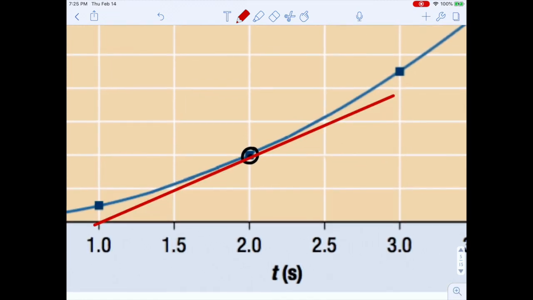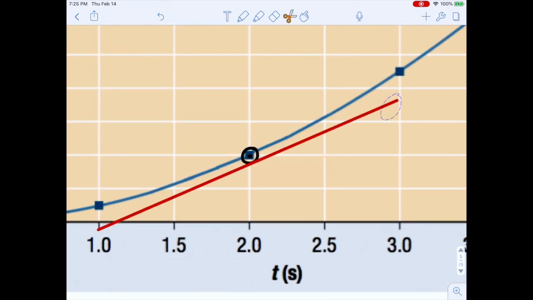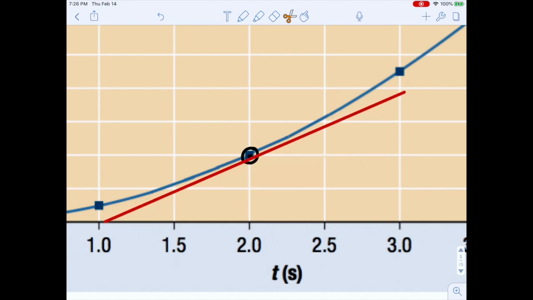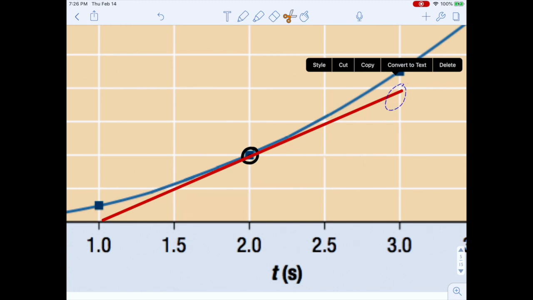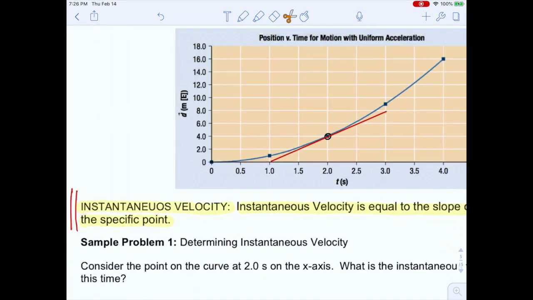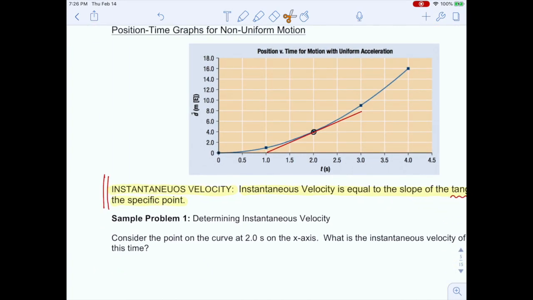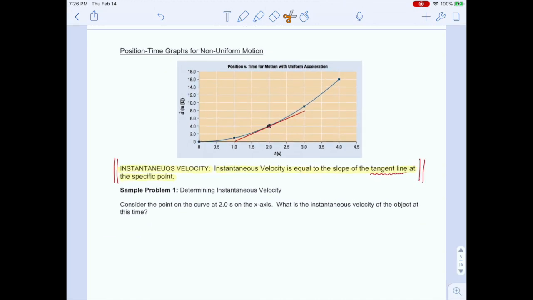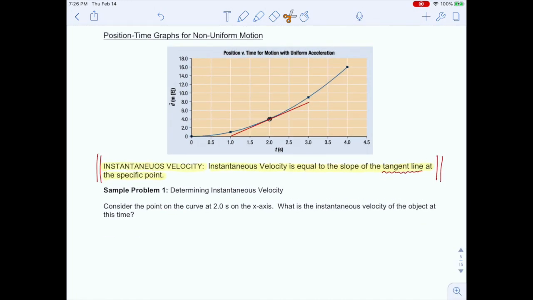And if you look closely, this line is touching the curve at exactly t equals 2.0 seconds. If you could determine how steep this line I just drew is, it would tell you the velocity of the object at 2 seconds. It would give you the instantaneous velocity at 2 seconds. Let's do that.